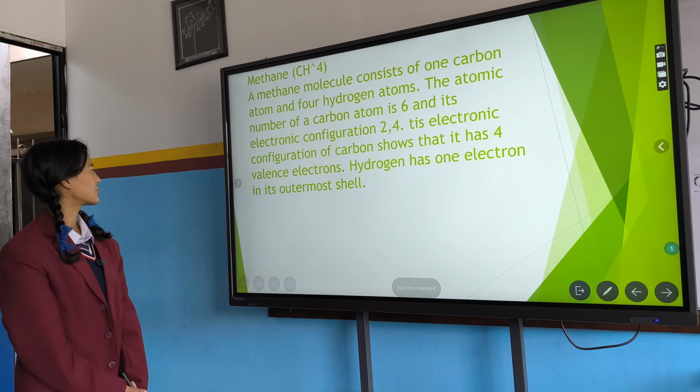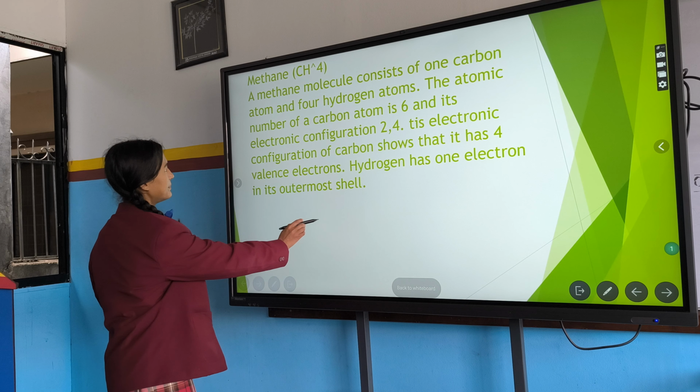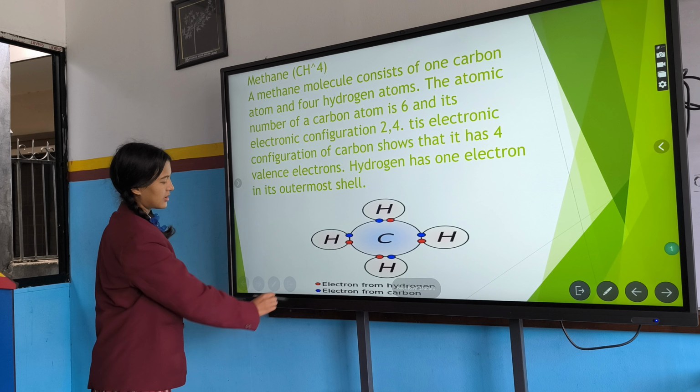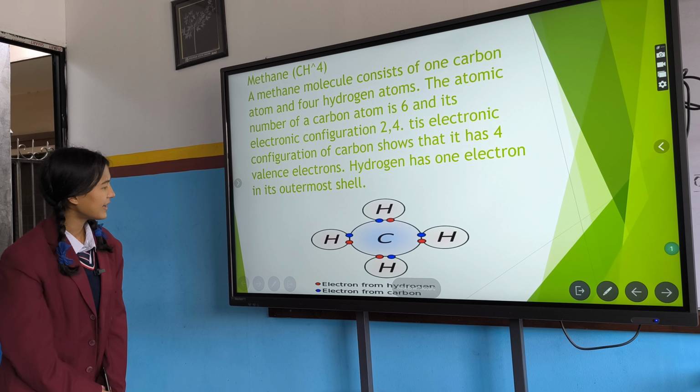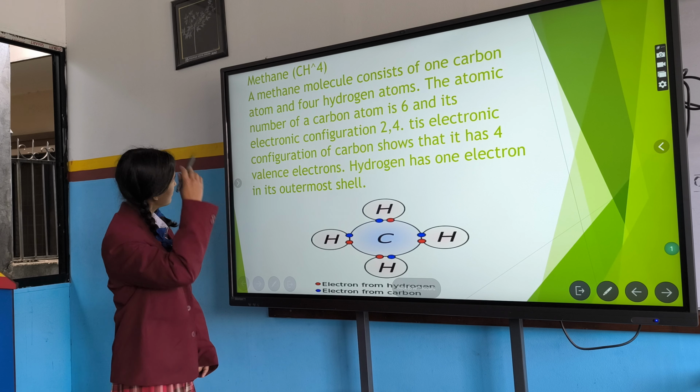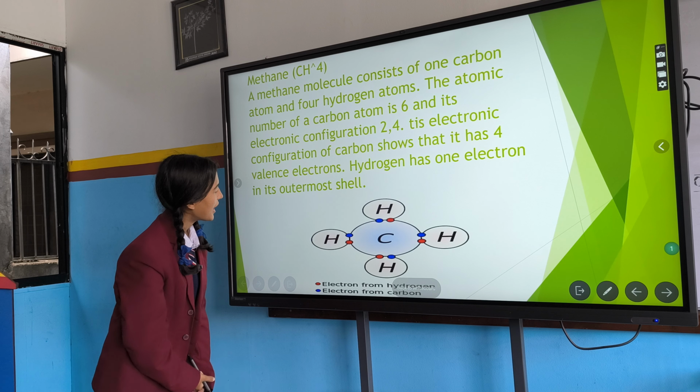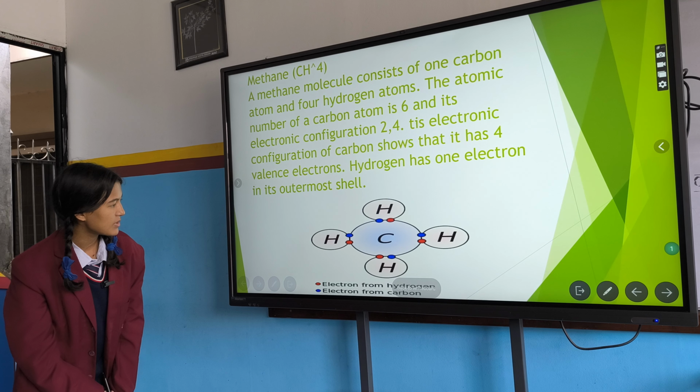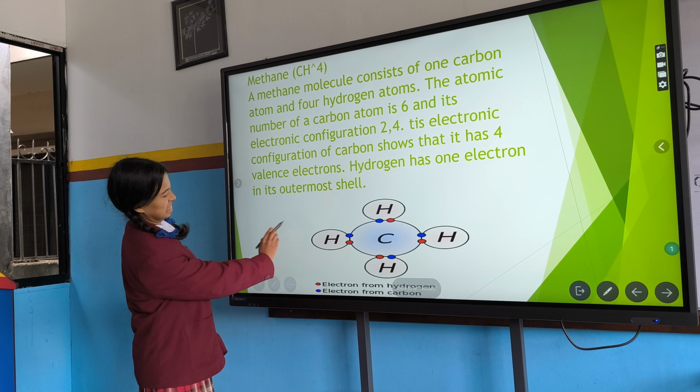Hydrogen has 1 electron in its outermost shell. You can see here the figure of methane. Hydrogen is bonded with carbon.